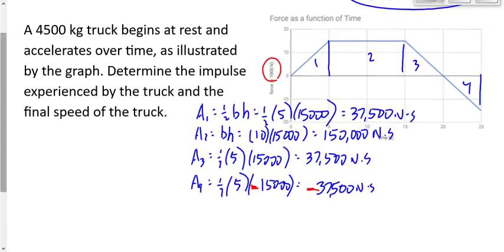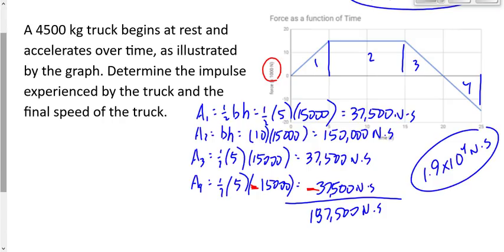Let's add these up. When we do, we end up getting 187,500. There's my impulse, 187,500. Area equals impulse.